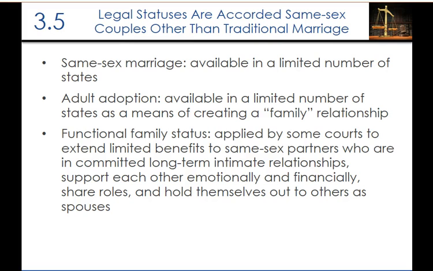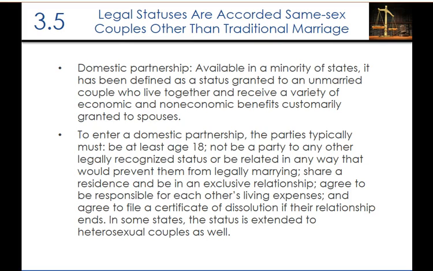Functional family status, applied by some courts to extend limited benefits to same-sex partners who are in committed long-term intimate relationships, support each other emotionally and financially, share roles, and hold themselves out to others as spouses.